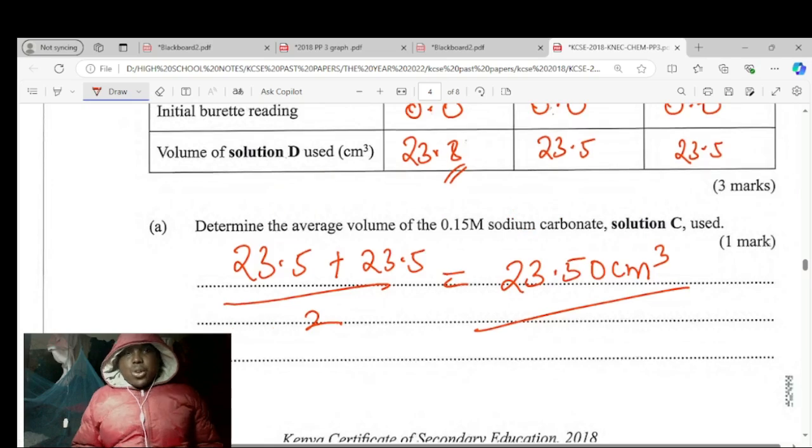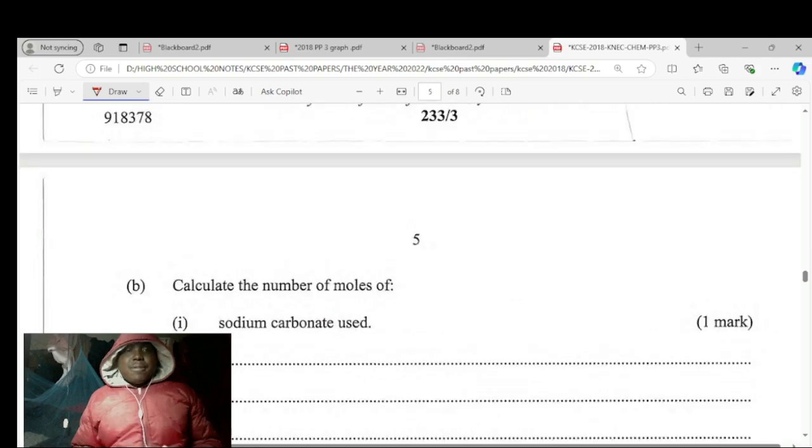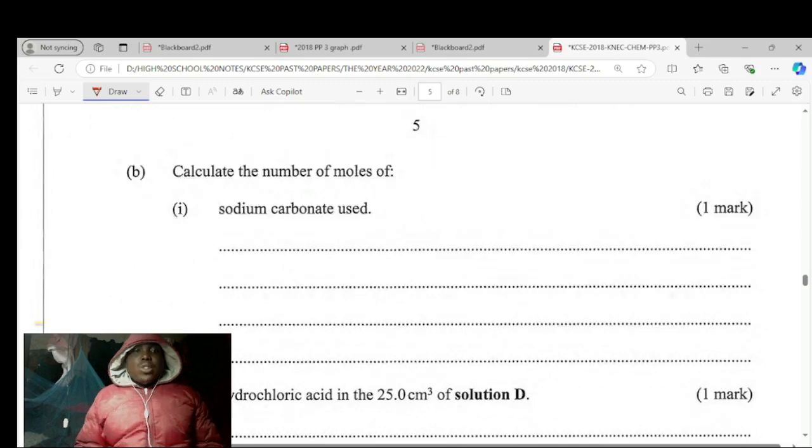The next question is to calculate the number of moles of sodium carbonate used. That is very simple because we already have the number of moles in 1,000.